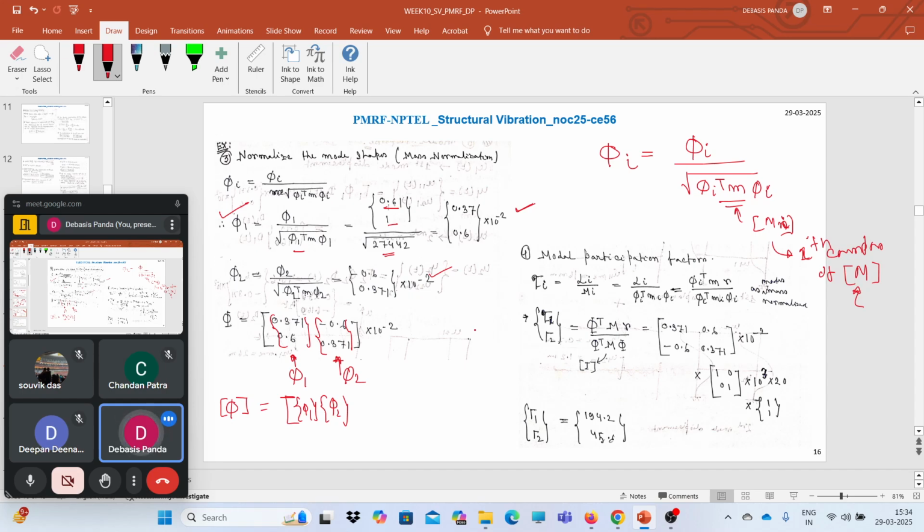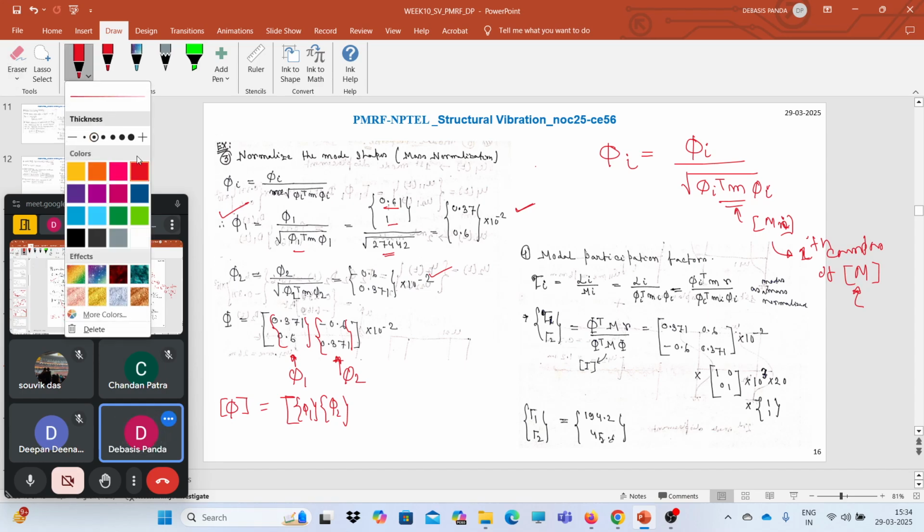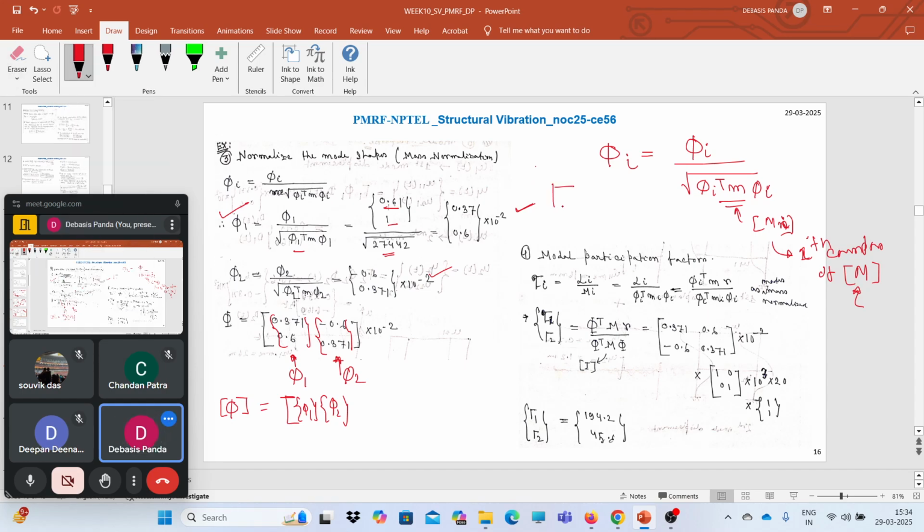The participation factor for each mode, denoted by this, is nothing but phi i transpose m r, the influence vector, divided by phi i transpose m phi i, right? And if we simplify this equation, we can write it down like this.